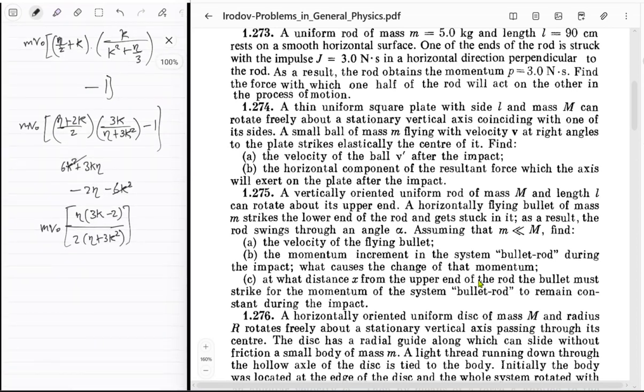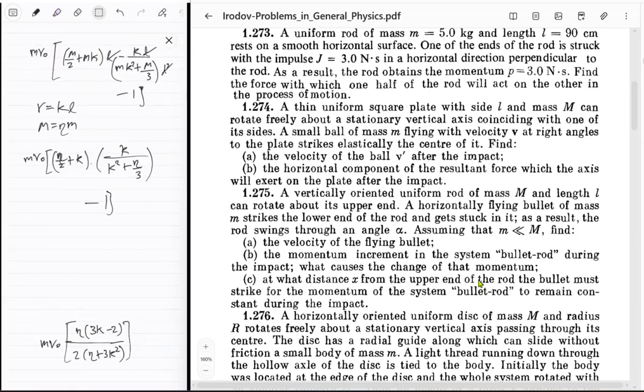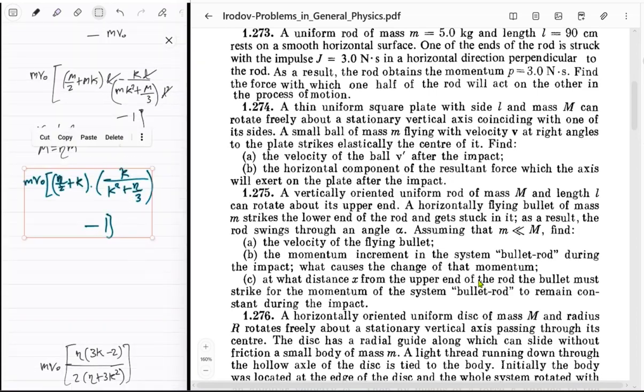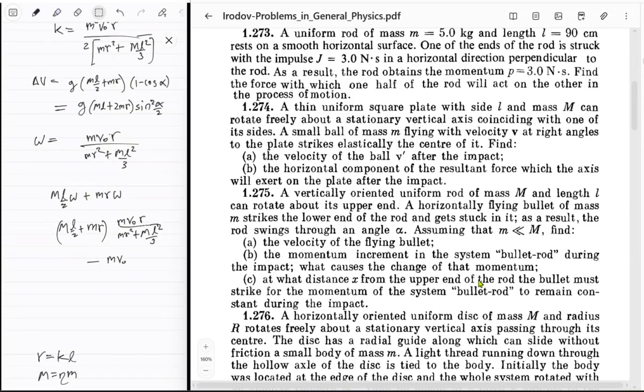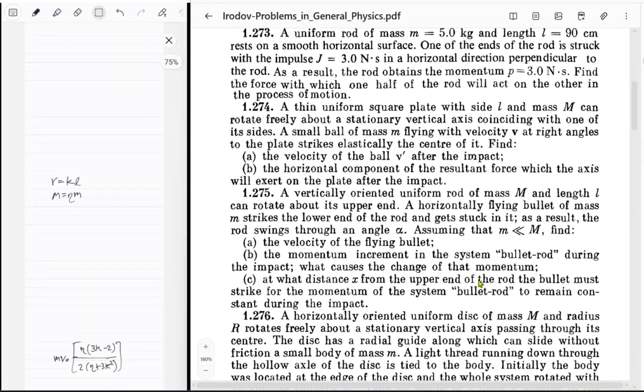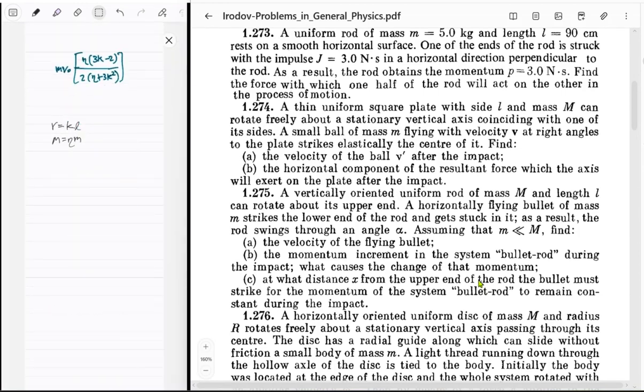So finally we have an expression for this. Cancel everything else. Most likely it's going to be wrong, because when you have a lot of calculation, you get wrong solutions. We don't want all of this, just want this thing. That's the change in momentum.